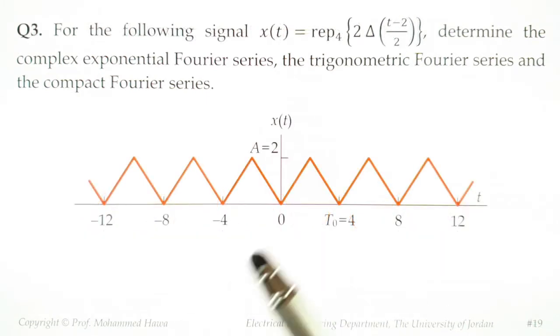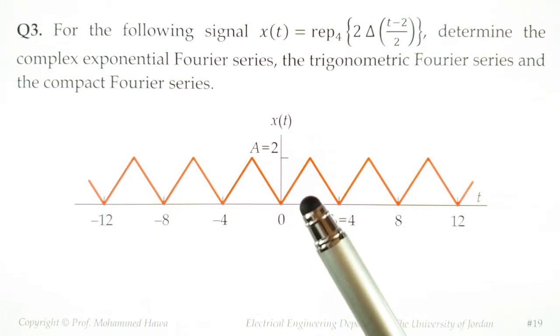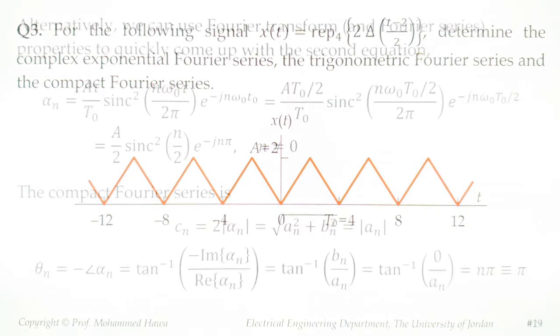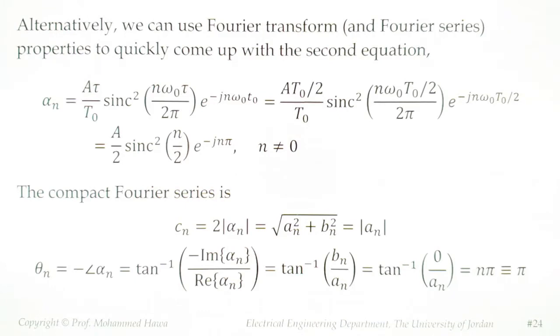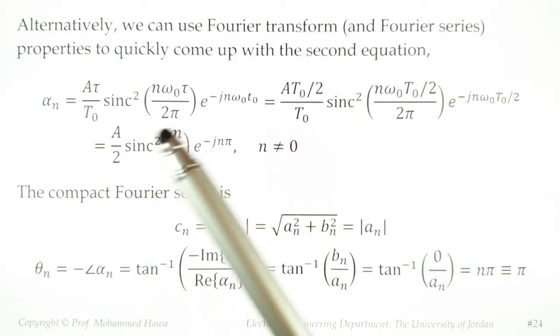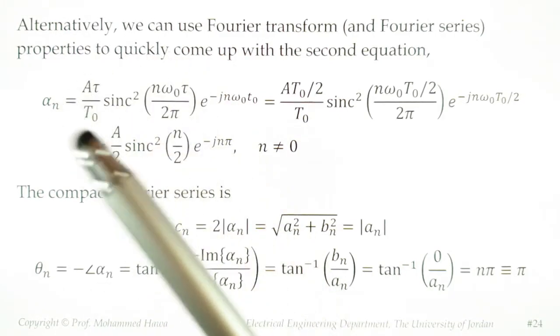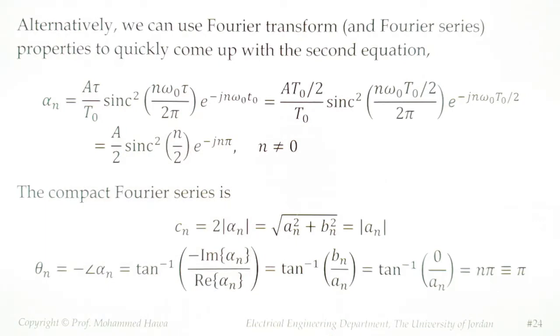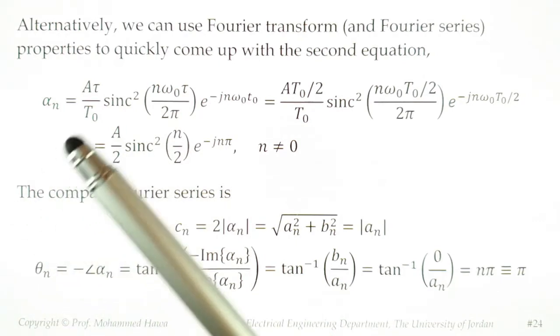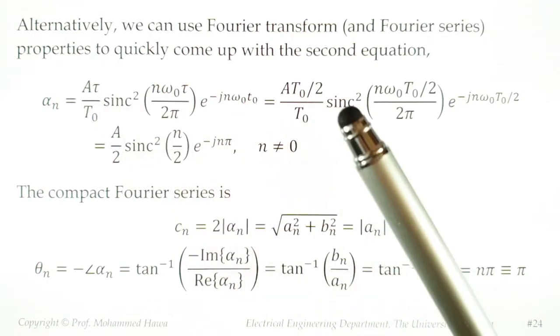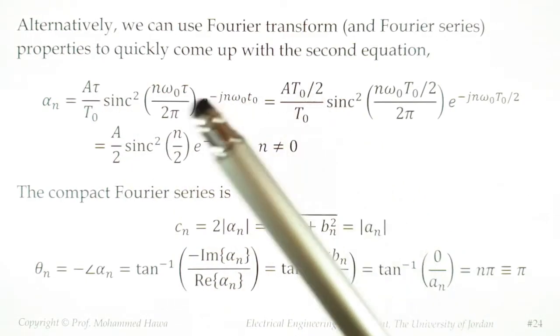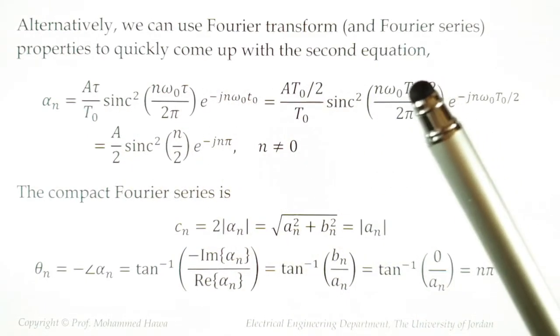As you can see in this diagram, the amount of shift to the right is t naught over 2. That's why the answer for this specific example is the same as the general example. I'll still get the sinc square that you can see here, but instead of a general tau, I'm going to substitute tau equal t naught over 2.